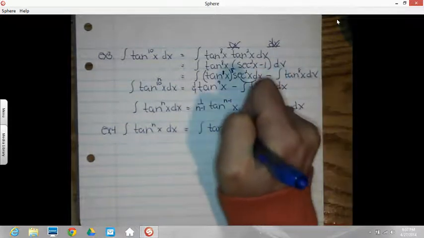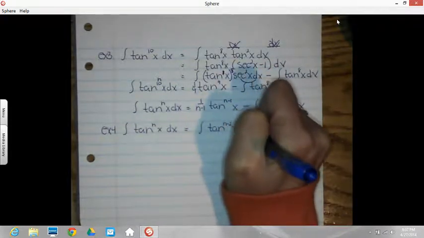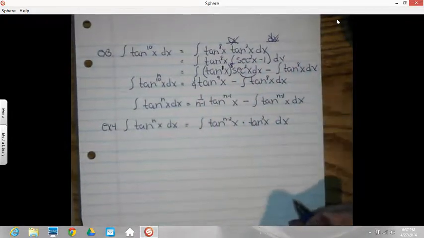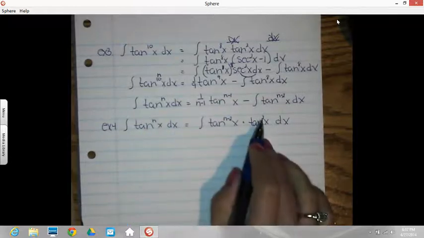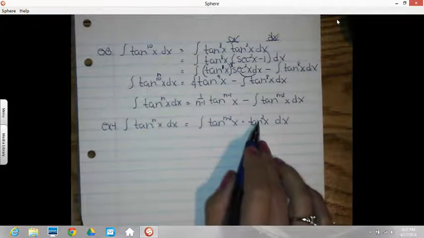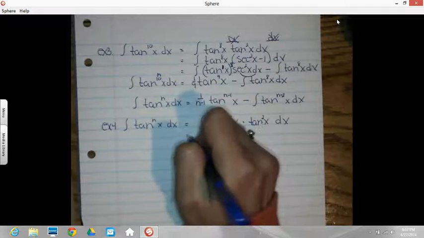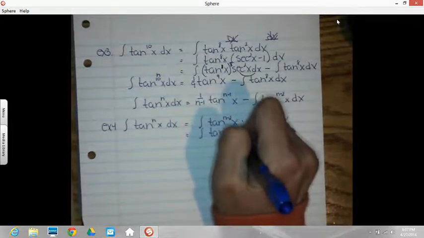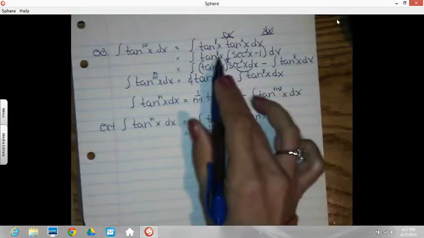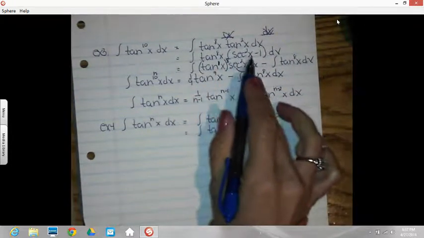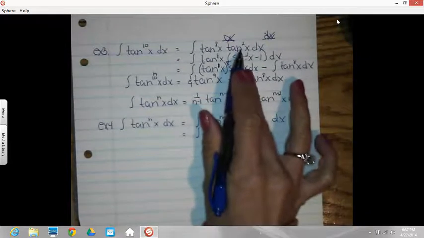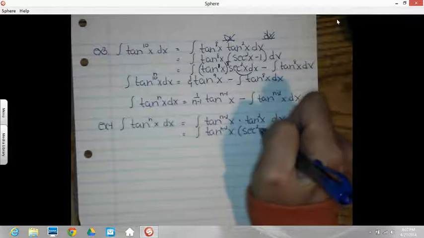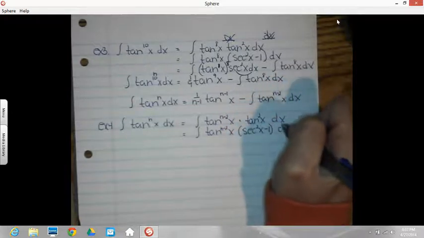That will leave n minus 2 here. So if I had n, and I'm taking off a tan squared, that's n minus 2. Now I'm going to do the Pythagorean identity here. So tan to the n minus 2. And again, it's just looking back to see what's happening step by step and doing it with the nth case. But here I've got the tan squared, here I have the tan squared. So it's secant squared x minus 1 dx.